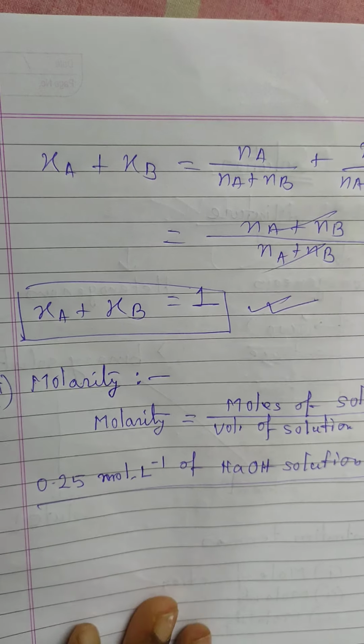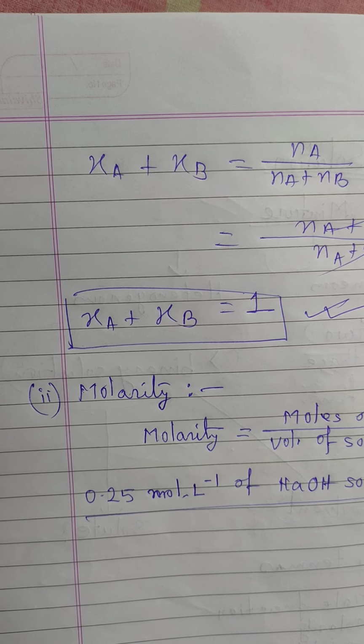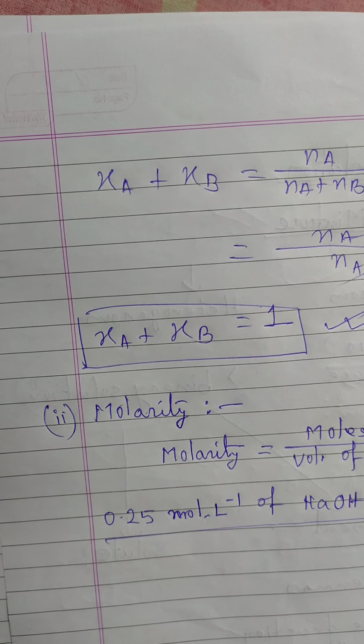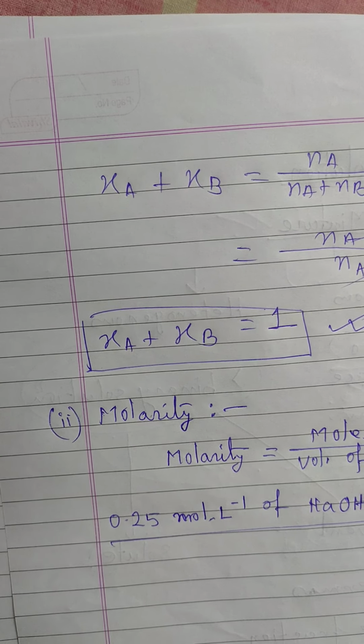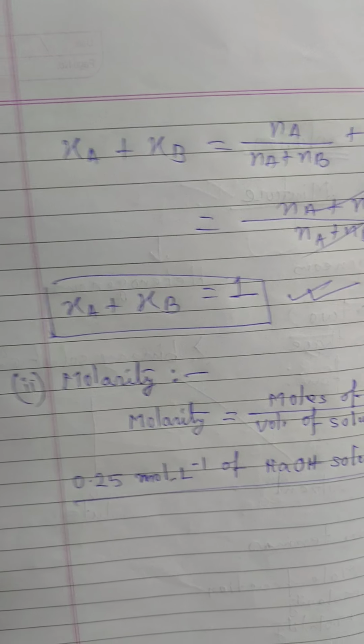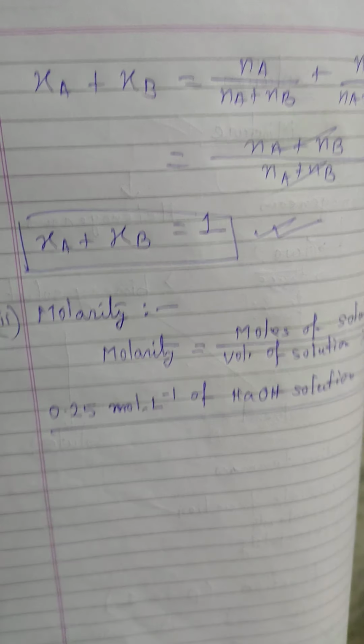What is the meaning of this statement? 0.25 mole per liter of NaOH solution means 0.25 moles of NaOH are present in 1 liter of NaOH solution. Is it clear?